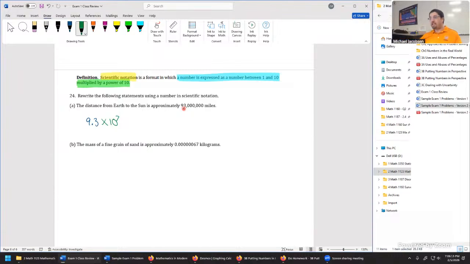And again, these are kind of interesting problems because we have the opportunity to double check them as well. On a calculator like say this one, if I go 9.3 times 10 power 7, what it looks like on the calculator, it's hard to see on the Zoom, it looks like this. 9.3, my times symbol looks like this. 10, then my power button would be here, kind of up and to the left of the 7.